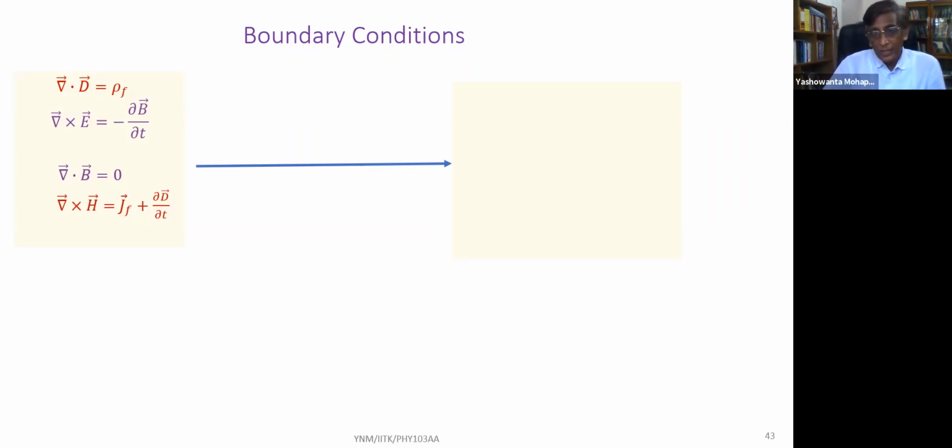And hence, let us write down the integral form of Maxwell's equations. Of course, if I integrate over the surface, Gauss's law gives the total Q free enclosed within the volume. And if I have E dot dl, then of course minus this.